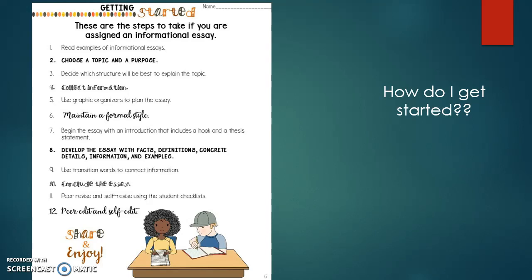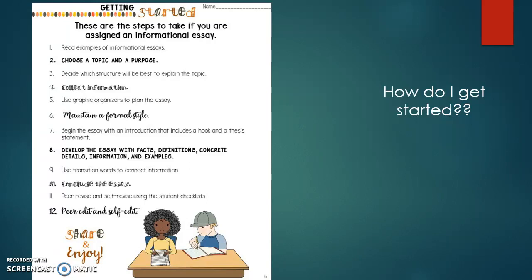Then you have to research and collect information. This is a big one because you want to make sure that you collect information from more than one source. So if you're writing about elephants, you don't want to get the information just from one article or one book. You want to get more than one to make your information more well-rounded.